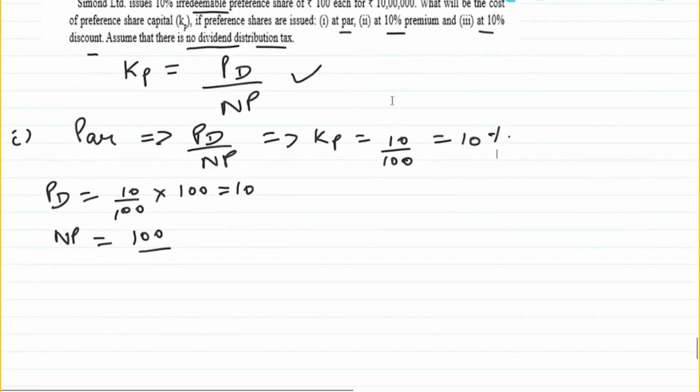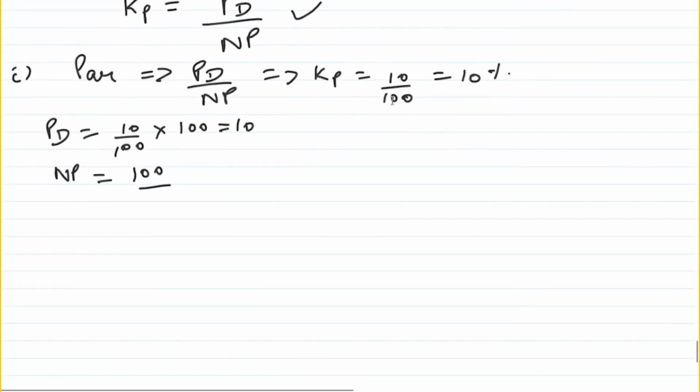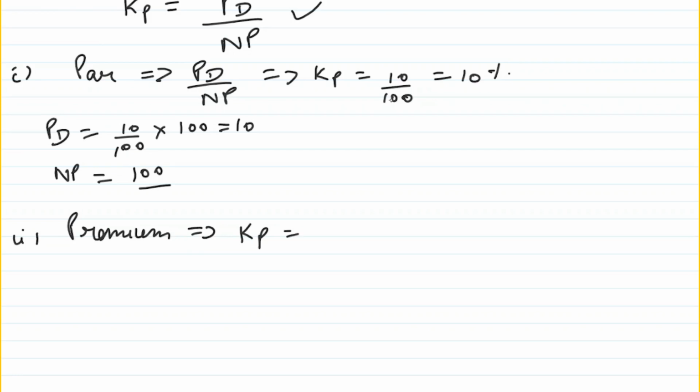Okay, in the second question we can see it's issued at a 10% premium, right? So if it's a premium question, in that case the cost of my capital should be what? PD will remain the same, that is rupees 10, and since it is issued at premium, it should be 100 plus 10%, it should add up to 110, right?